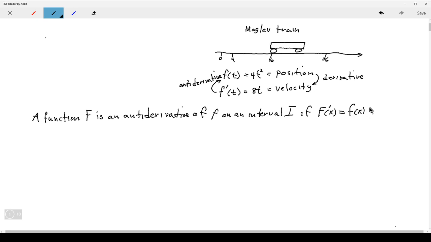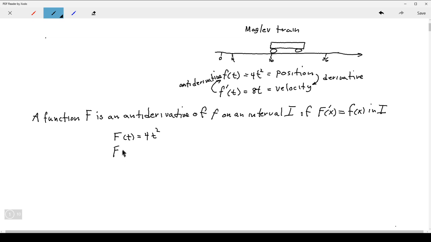All right, for all the x's in the interval. So I'm just going to say in the interval I. All right, so the basic idea when we're looking at the maglev train function here is I would call this my capital F. All right, so in the case of the maglev train, capital F is going to be 4t squared.